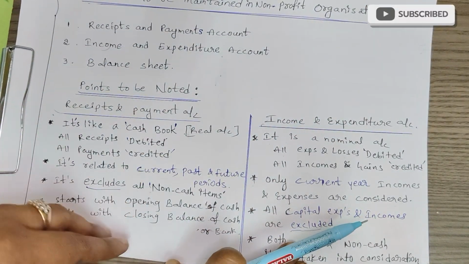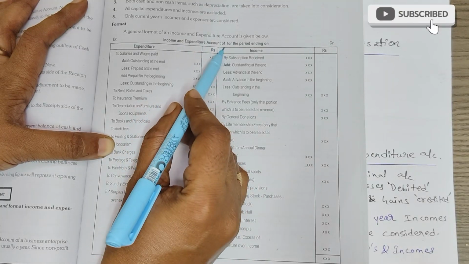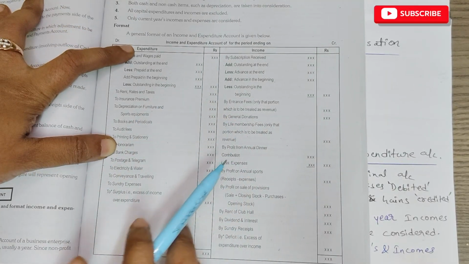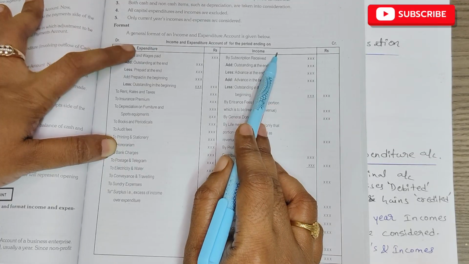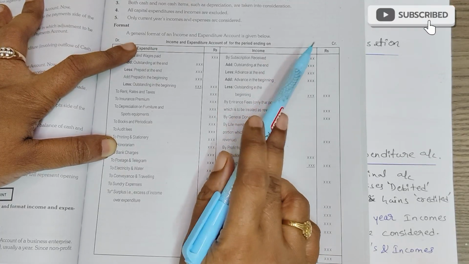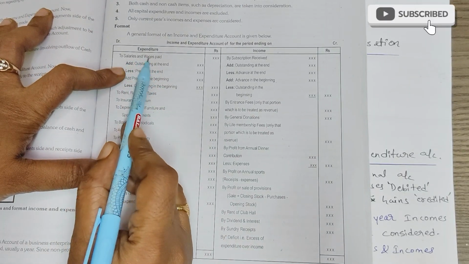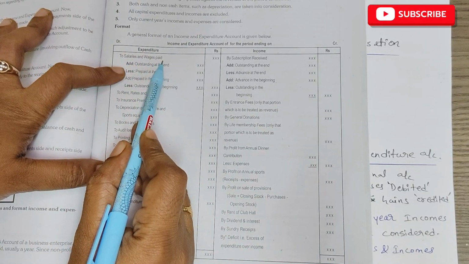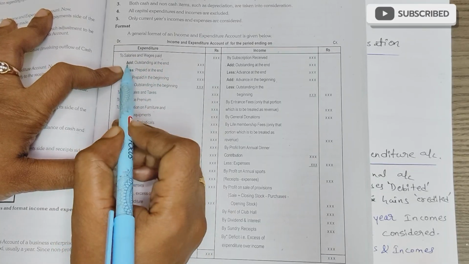Okay, let's see the format. This is the format of income and expenditure account. Okay, debit side we have expenses, credit side we have incomes, because it is a nominal account. All expenses, losses debit, all incomes and gains credit. Okay. See here, under expenses we have salaries and wages paid. If you have any adjustment regarding the salaries and wages, you have to do it here.